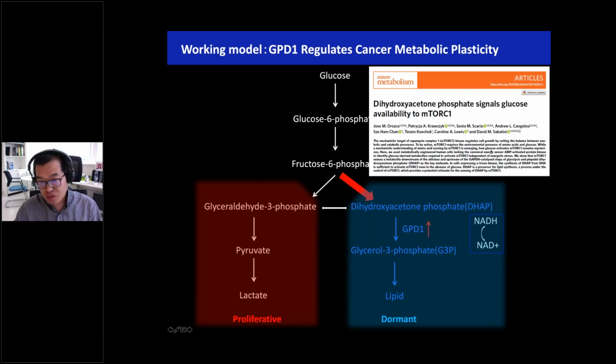And interestingly, there's something linking GBD1 to the mTOR pathway, because Sabatini's lab recently found that along this glycolysis pathway, they tested all these different metabolites. Only DHAP is sensing, or giving the signal, to mTORC activation in this pathway, knowing that mTOR does respond to glucose concentration, right?